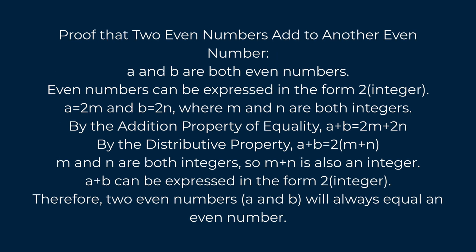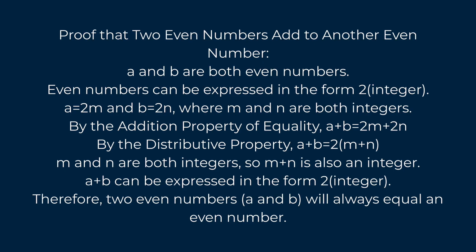So, you might have already seen this before. This was the proof that 2 even numbers add to another even number in lesson 1.2. As you can see, there are a lot of words and symbols, but the basic key thing to note is that the second line in the proof, even numbers can be expressed in the form of 2 times an integer, is a theorem that was given by the definition that even numbers are divisible by 2.